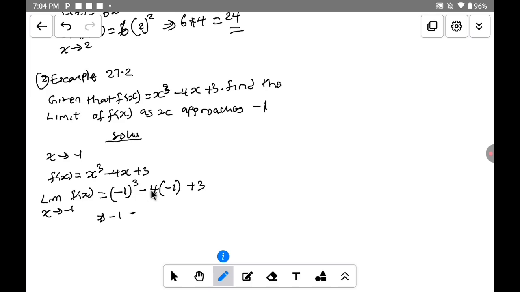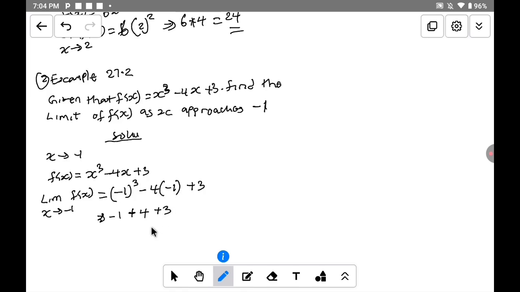Use the minus 4 to open this bracket, so minus 4 times minus 1. Minus times minus gives plus, and 4 times 1 gives 4. So we have plus 4 here, then plus 3.